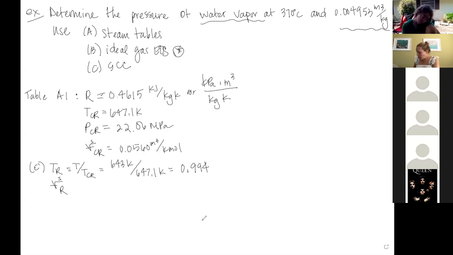Okay, so we have one part of what we need for the generalized compressibility chart. Now we need to get our pseudo reduced specific volume. The equation for this that I gave you last week, and is also written on the generalized compressibility chart, is our actual specific volume over our R value, and then the ratio of our critical temperature to our critical pressure.